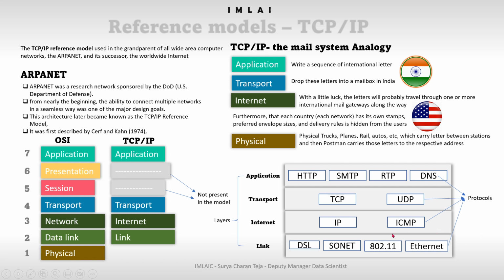These are basically the standards that we have seen. 802.3 is Ethernet, and 802.11 is wireless, that's Wi-Fi. DSL is related to internet connection, and then SONET. So these are the different protocols related to each layer of TCP/IP, and you can see the mail system analogy also here.